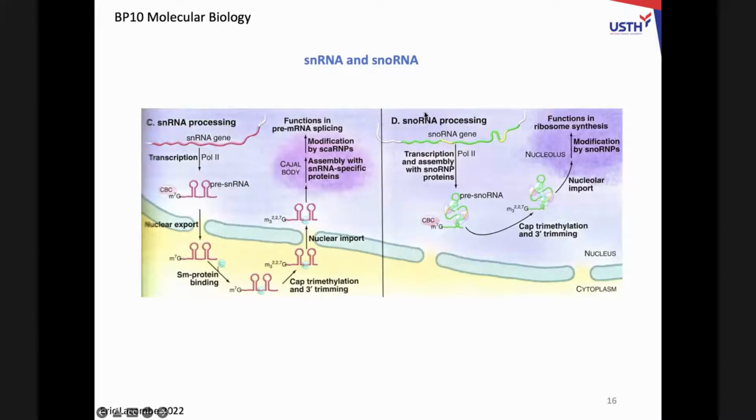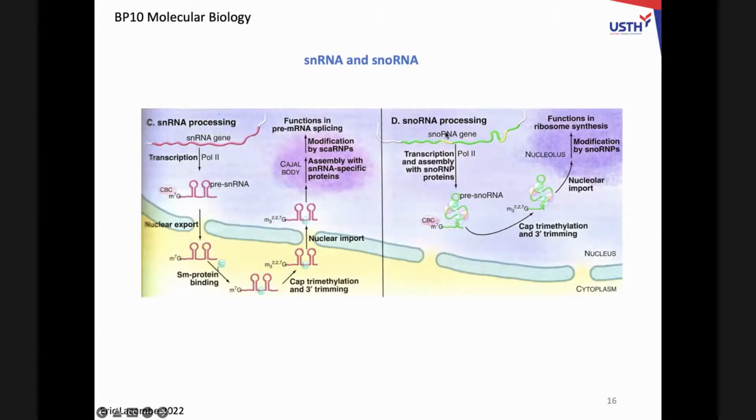And just a short explanation for the snoRNA, the small nucleolar RNA. It's exactly the same. They are implicated in ribosome synthesis. For the snRNA, it's the splicing factor. For the snoRNA, it's the ribosome biosynthesis. It's conceptually exactly the same.